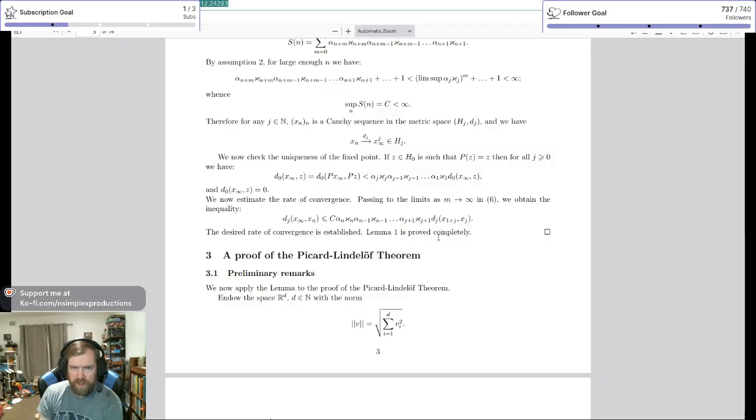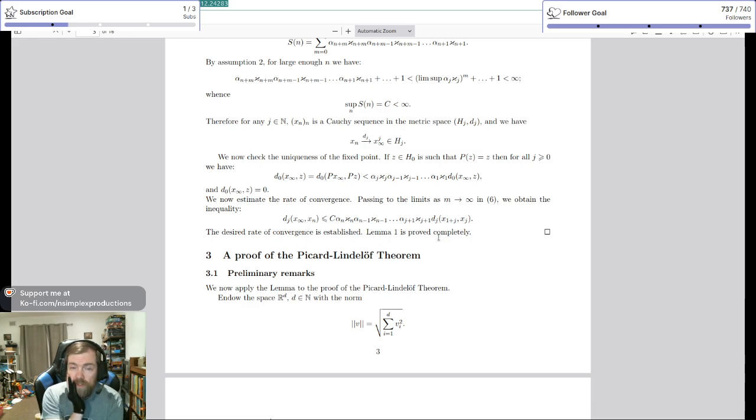And we have x sub n mapped to x sub infinity super j, where x sub n has been mapped by d j times, is in h sub j.